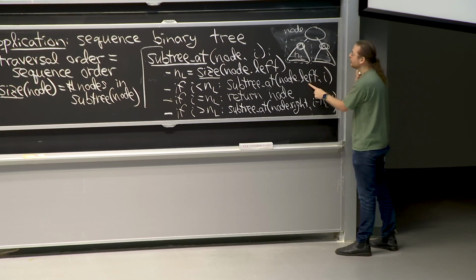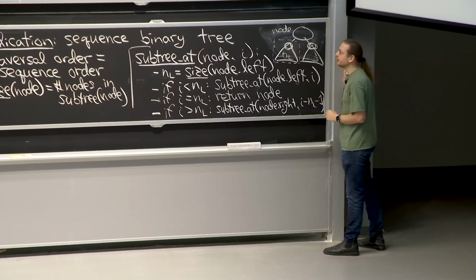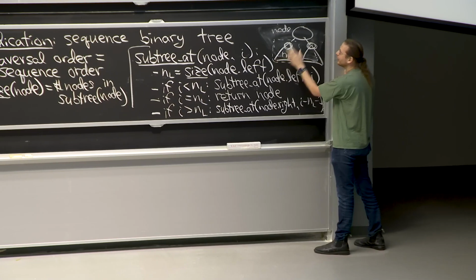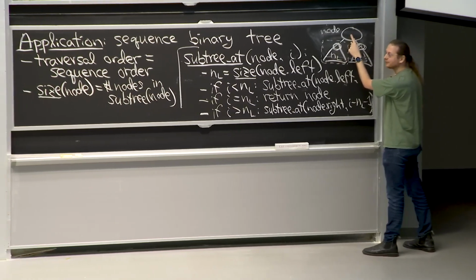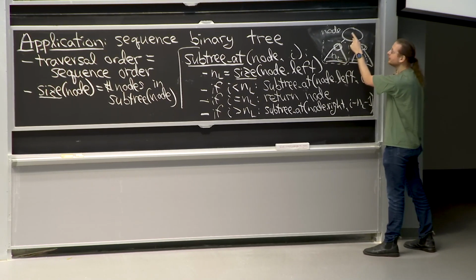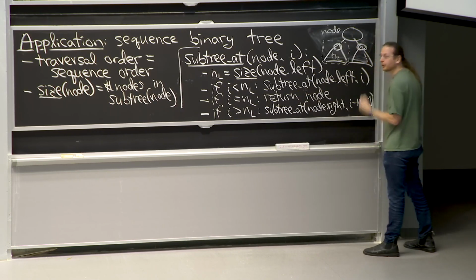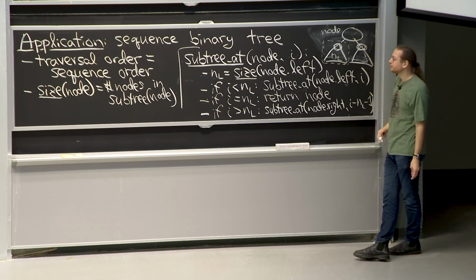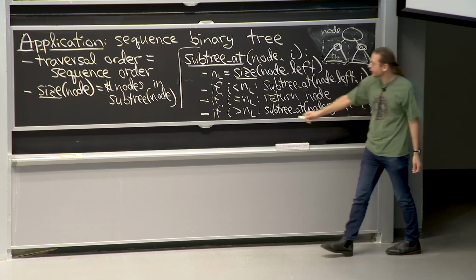That's what's written here. If i equals NL, if you think about it for a second, NL is the number of nodes here, and so that means this node has index NL. The index of this node is NL. And so if the one index we're looking for is that one, then we just return this node. We're done. And otherwise, i is greater than NL.